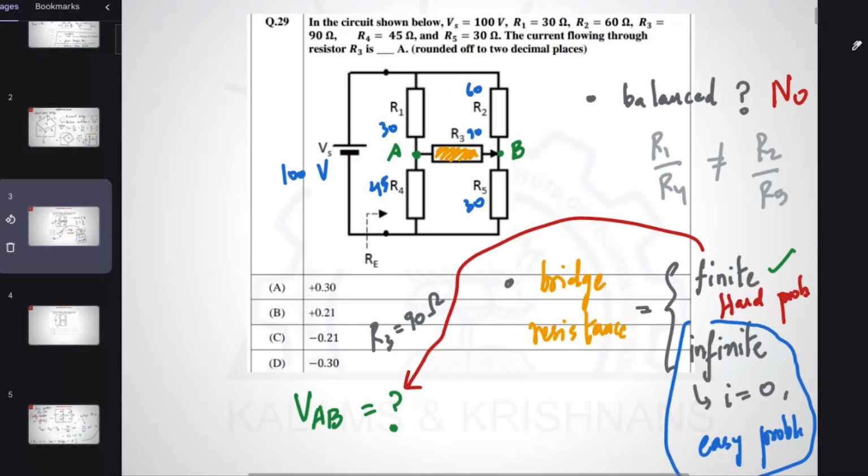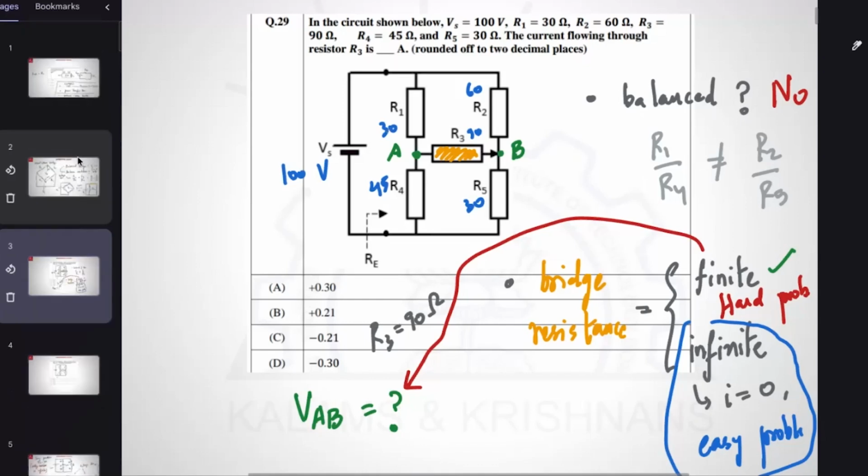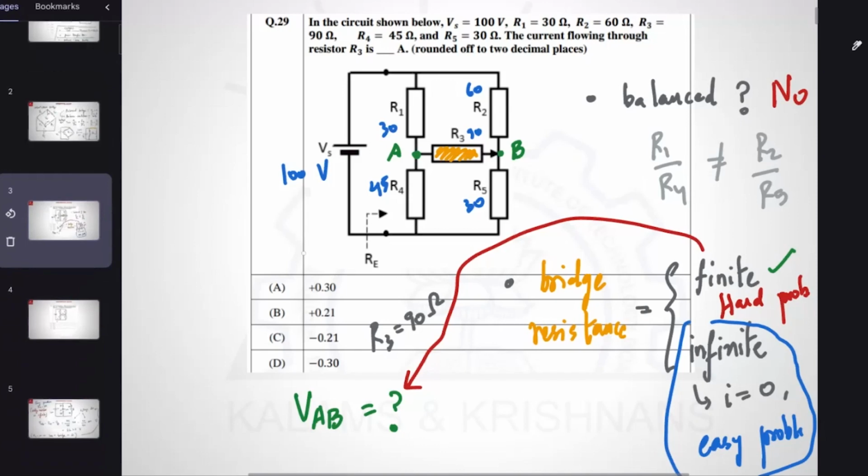What do you do? And let me also tell you one more thing. This is a problem that we can solve with the tools that we have learned so far in circuits: source transformations, series parallel. We can do this. But can someone clearly and concisely state how to find this VAB, or in fact how to solve this problem?